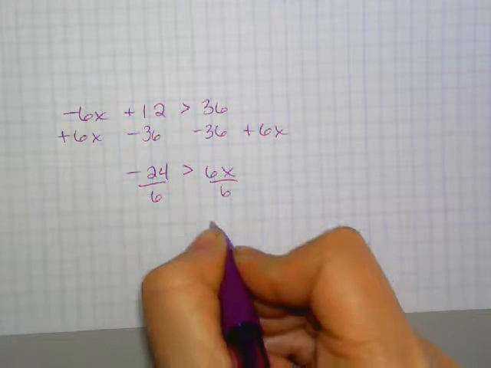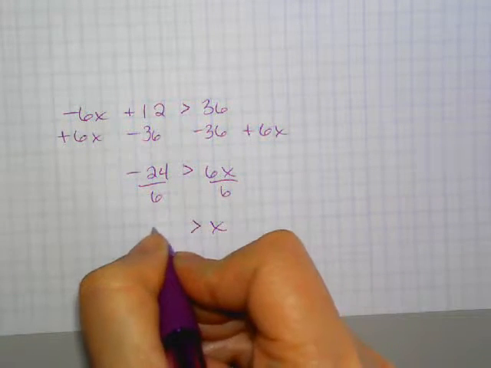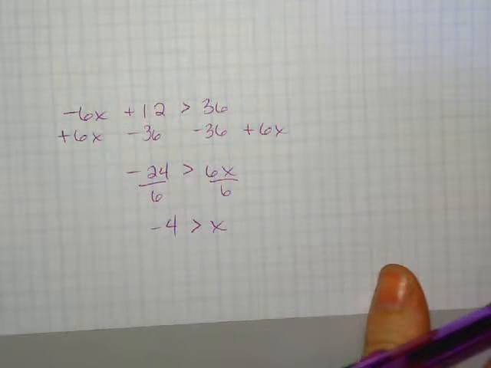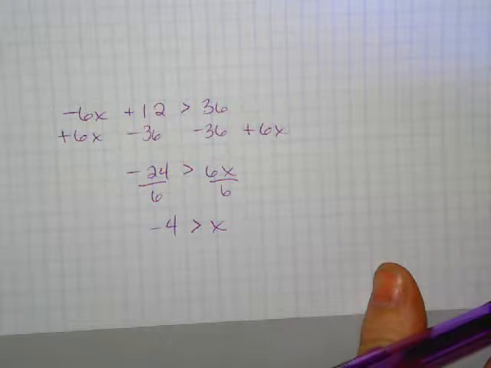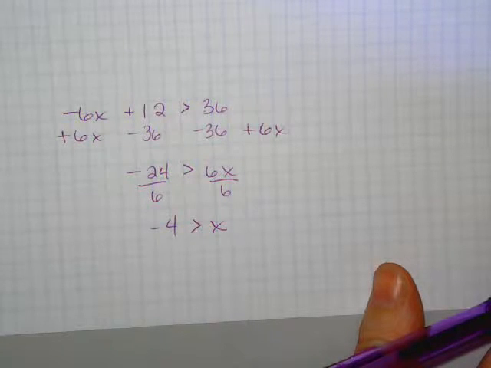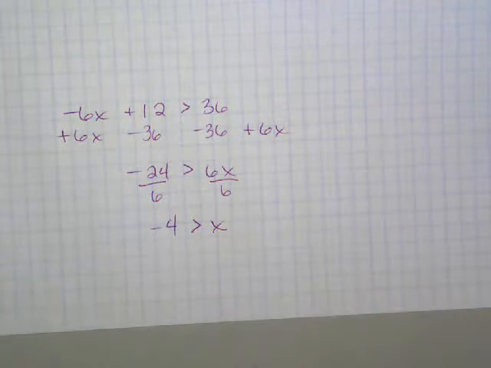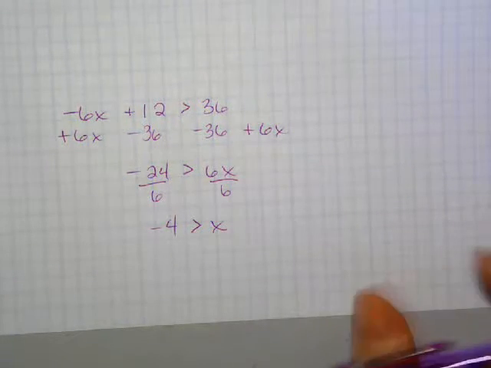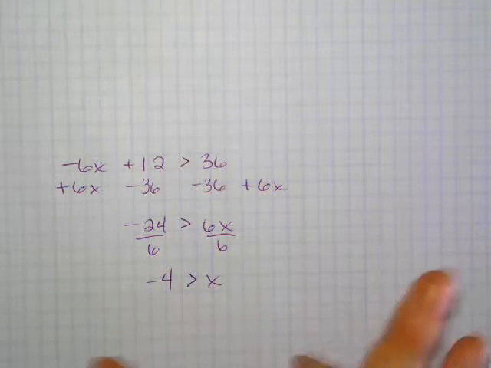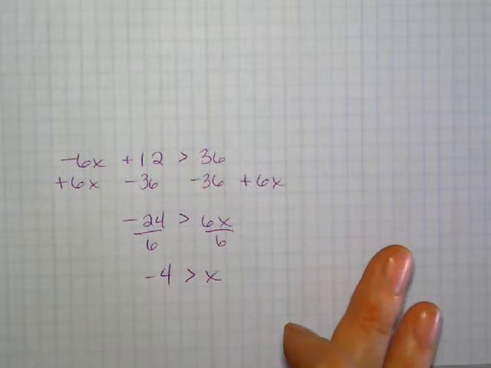So what do I need to do to get x alone? Subtract 8. And I'm going to subtract 8 from all three parts that are separated by inequalities. So I have 12 is less than or equal to 4x, which is less than or equal to 28.